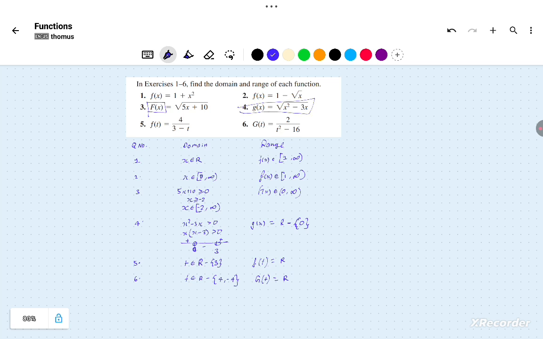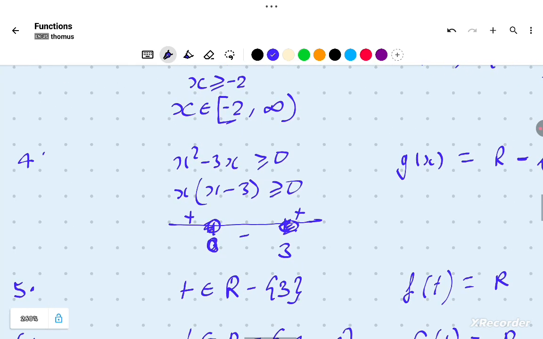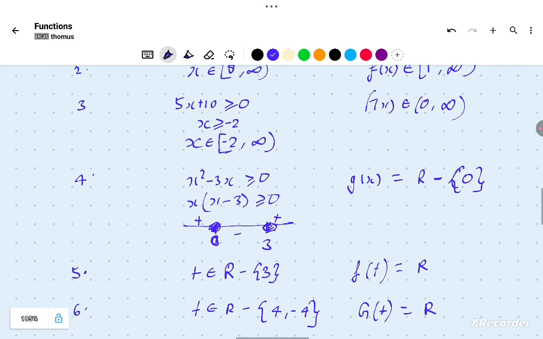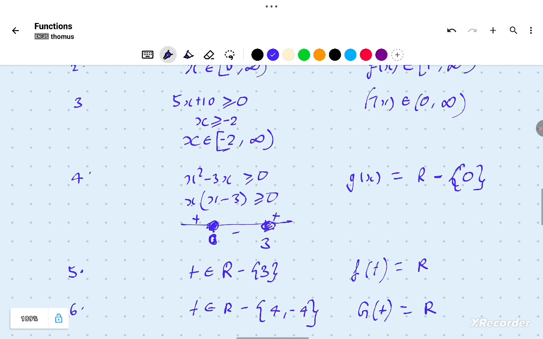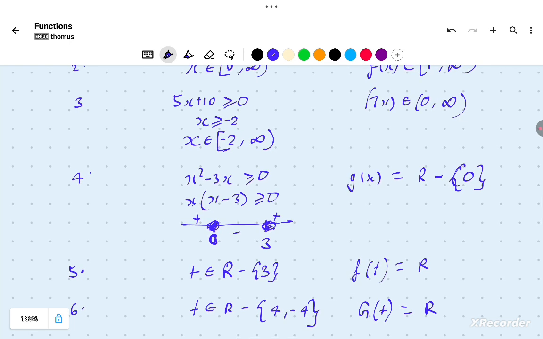Considering the 4, in the fourth part I have x squared minus 3x. This has to be more than or equal to 0, so it is included. If I solve this, I get 2 critical points here, one critical point is 0, the other is 3, and they are closed, so they are included.